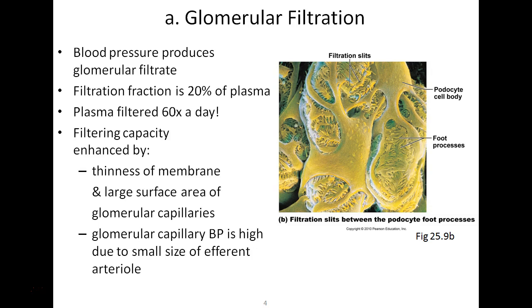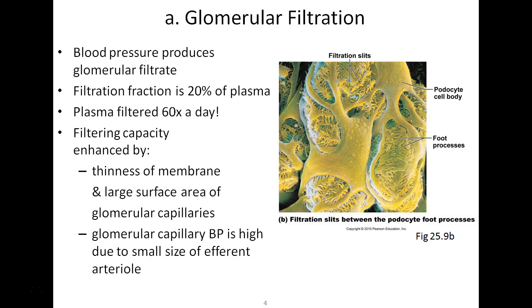Just some general overview. It is blood pressure that produces that glomerular filtrate. And so our main focus today, later on, is how that pressure is affected, and what factors move substances from the blood into the capsular space.